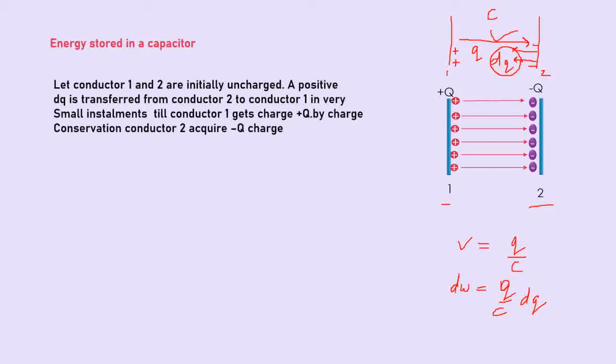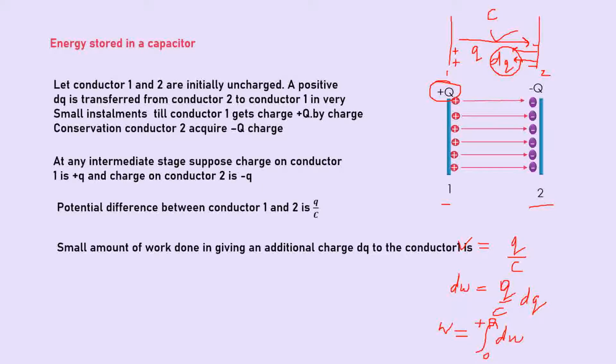If we have to charge the capacitor from 0 to plus q, then the total work W will be equal to the integral of dW from 0 to q. Small work done dW is q by c into dq.